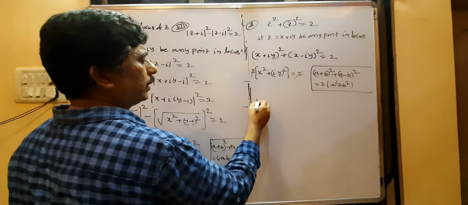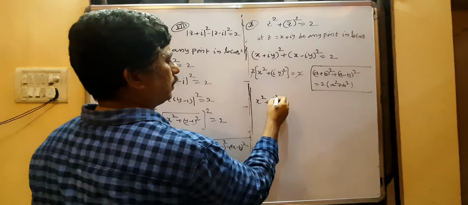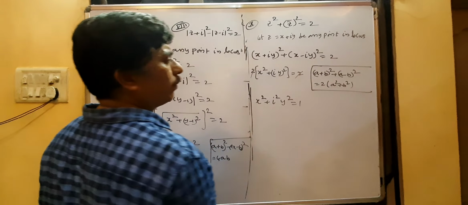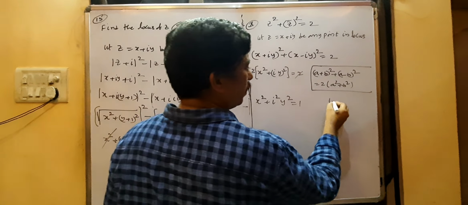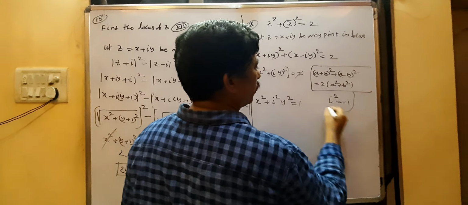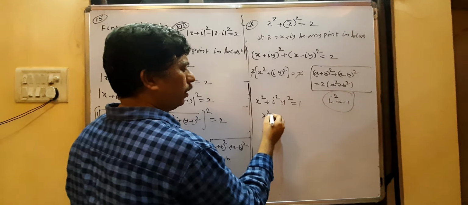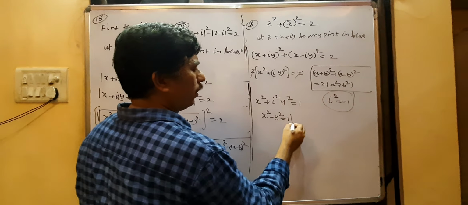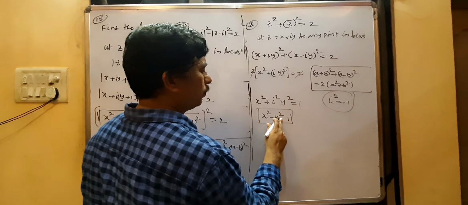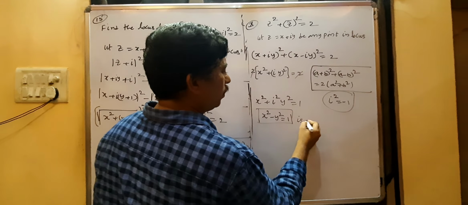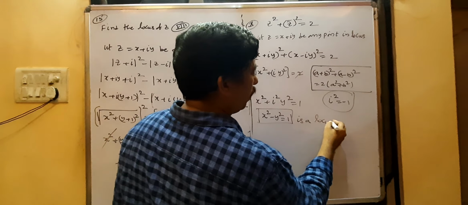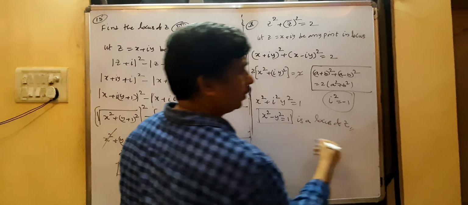The 2 gets cancelled, that is x square plus i square y square equal to 1. What is the value of i square? I square is minus 1. So x square minus y square equal to 1 is the locus of z. This is the answer. Copy it.